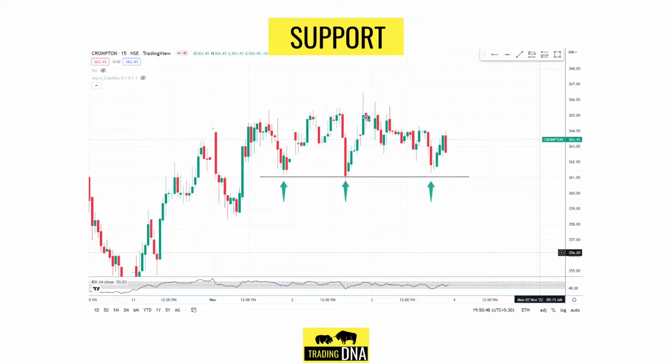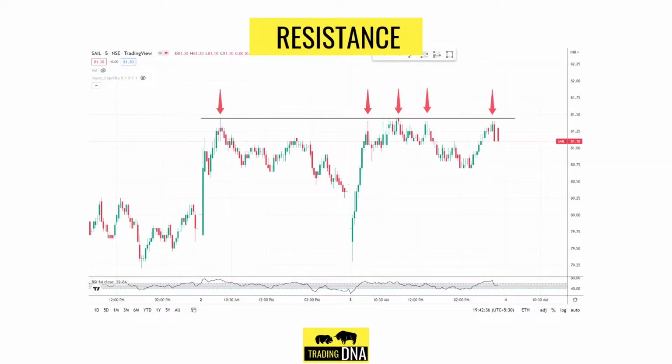The second is that this is the zone where we have more demand for the particular stock. Third, this is the place where the market stops falling further. And fourth, the support level is always lesser than the last trading value. This is support.